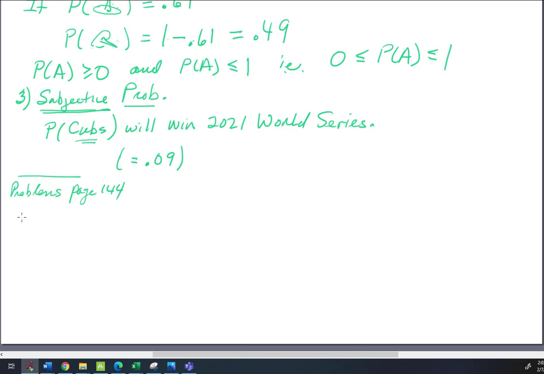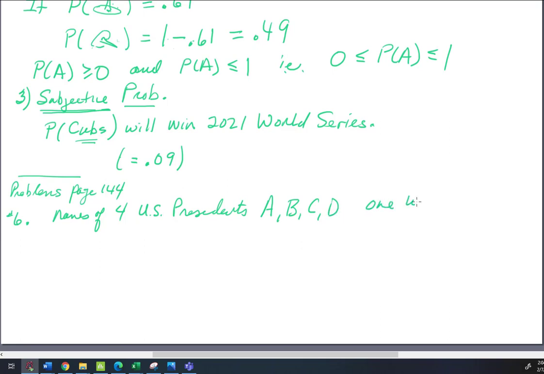This is problem number 6. Names of 4 U.S. presidents. Now, if you read your textbook, it'll give you the names of 4 actual presidents, but why don't we just call them A, B, C, D?